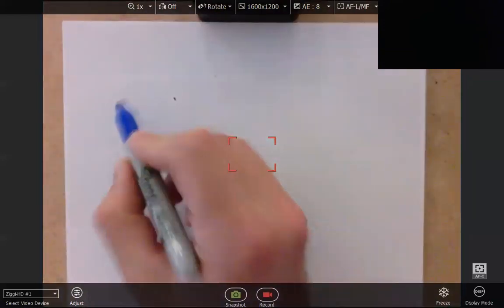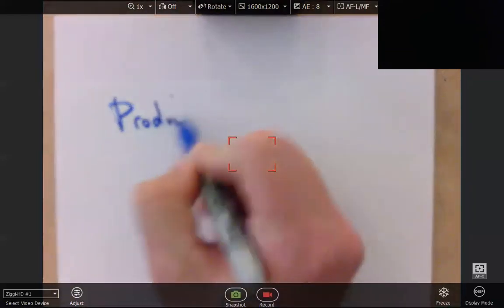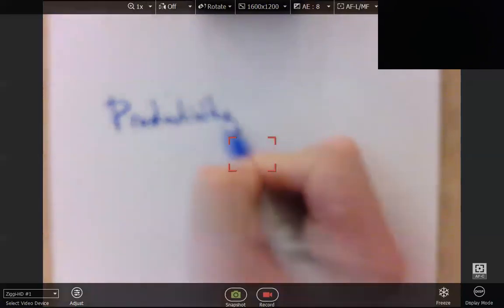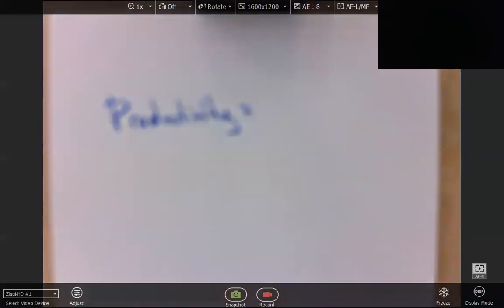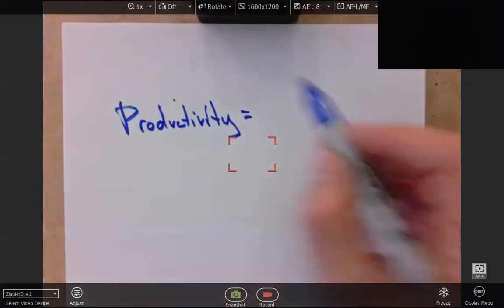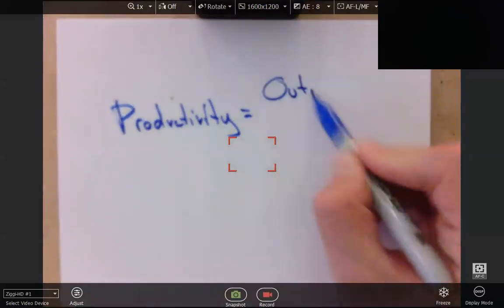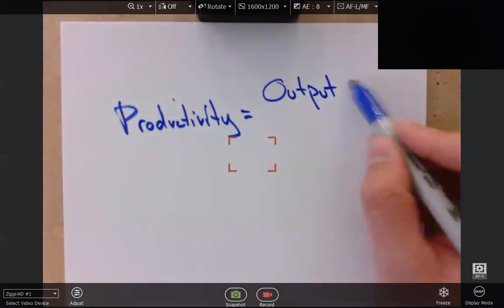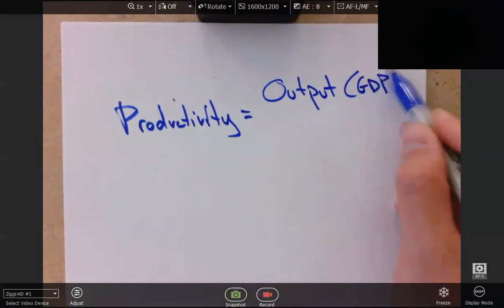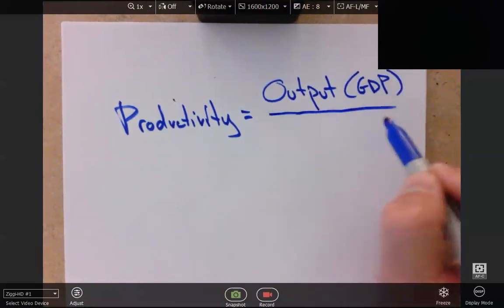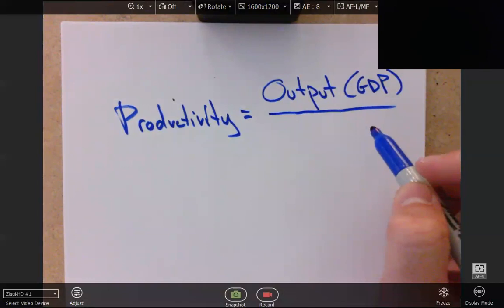So how do we measure productivity? Output, yep. So our total output, right? Our GDP. Is it all of our input? Our human input, right?